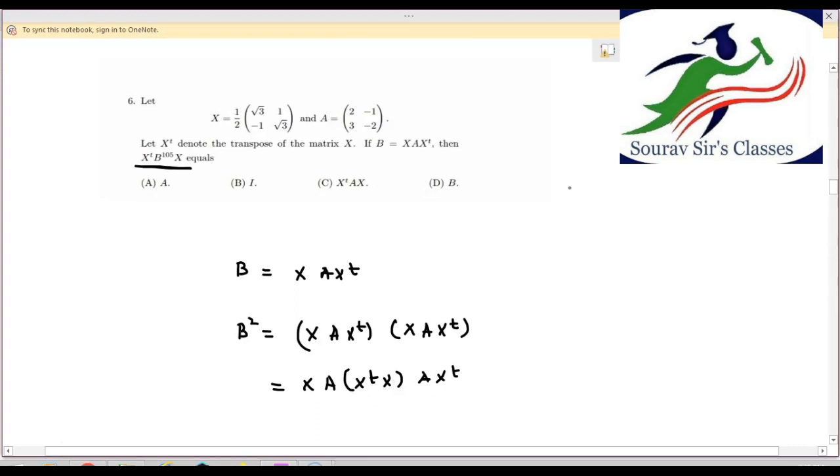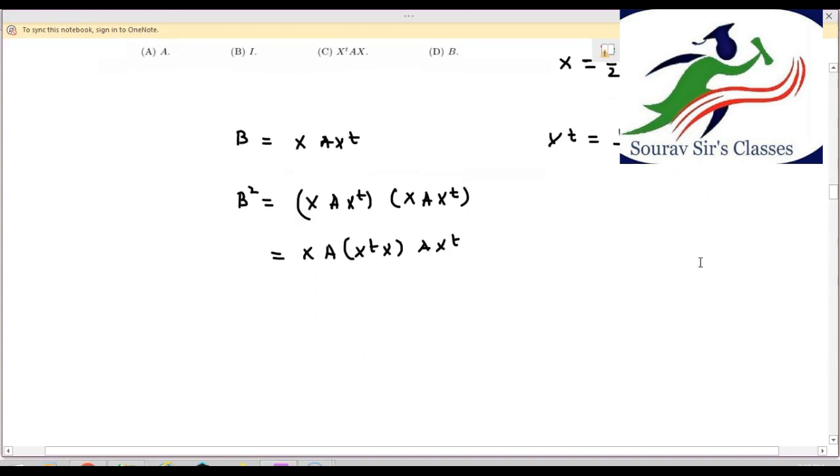So I am taking X equal to 1 by 2 times [[√3, 1], [-1, √3]]. If this is our X, what is our X transpose? X transpose is equal to 1 by 2 times [[√3, -1], [1, √3]].